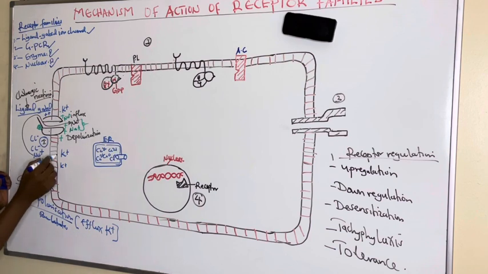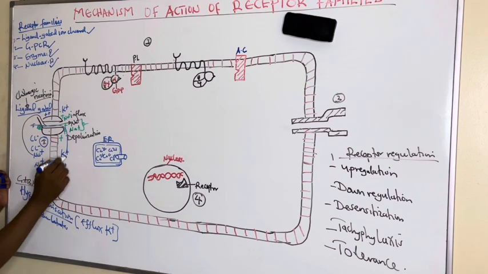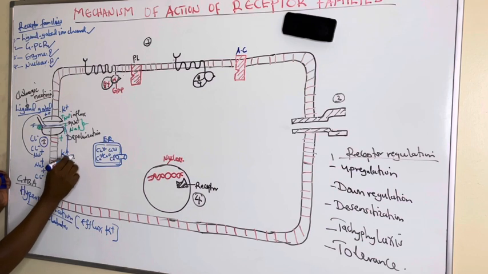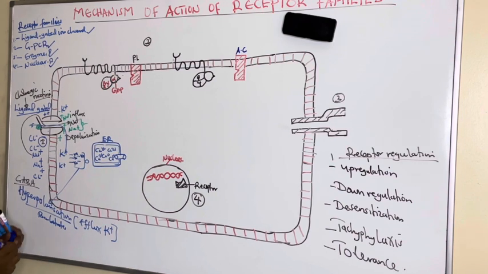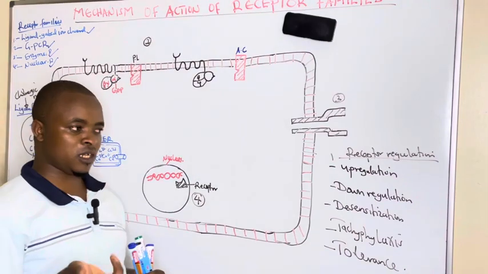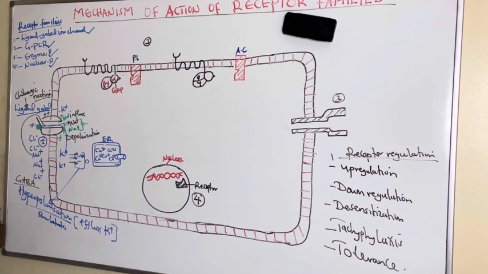When the potassium moves out of the cell due to the opening, the inside of the cell becomes more negatively charged. This is the state we call hyperpolarization, and an impulse cannot be propagated when hyperpolarization occurs.